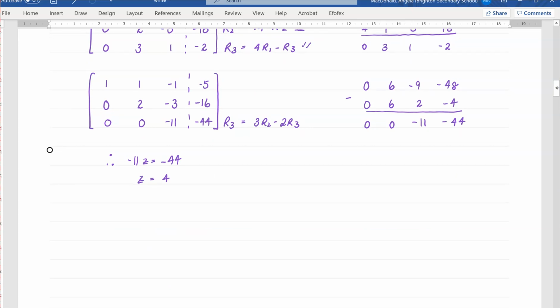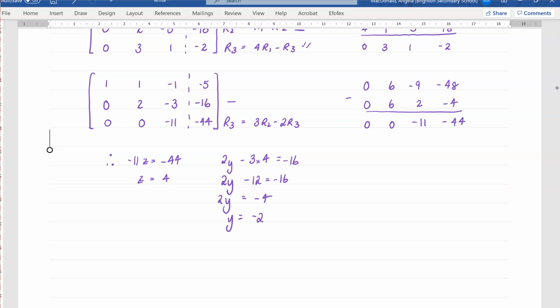So down here, we've got minus 11z equals minus 44. Get rid of the times 11, divide, that's all groovy. Then we pop it back into our second equation here, because that's 2y, take 3 times z, but our z is the 4, equals minus 16. So we've got 2y take 12 equals minus 16, and therefore 2y equals minus 4, y equals minus 2.